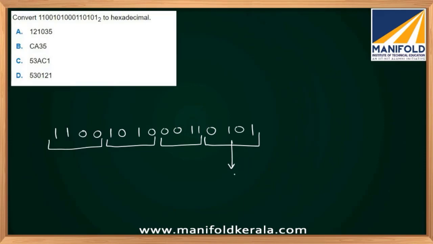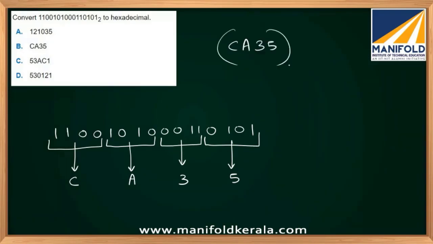So what is this symbol? The last one, 0 1 0 1. What is that symbol? 5. This one is 3. This one, 1 0 1 0 in hexadecimal, is A. This symbol 1 1 0 0 is C. So your answer should be CA35 base 16, right?